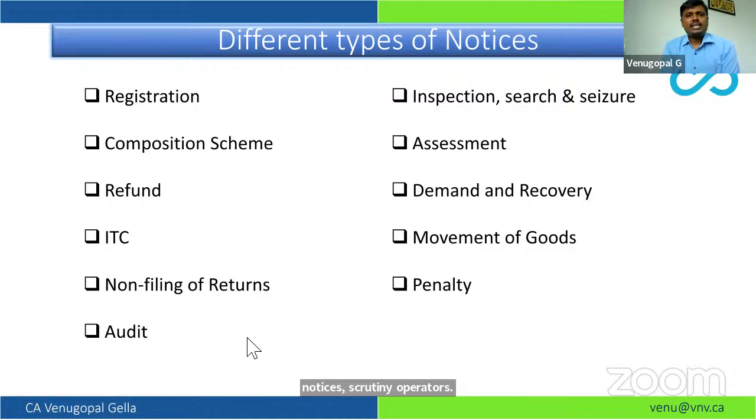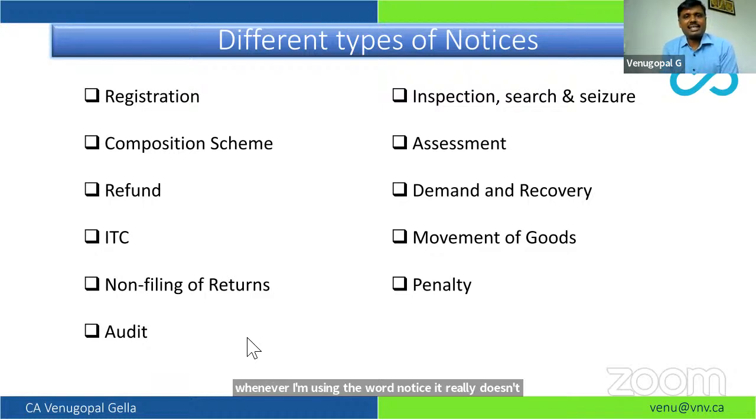Now, notice is a very loosely worded term. It could be an intimation, it could be a pre-consultation notice, it could be a show cause notice, it could be any document or communication also. So whenever I'm using the word notice, it really doesn't mean that I'm talking about a show cause notice.